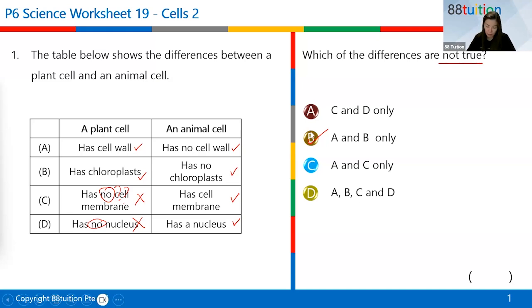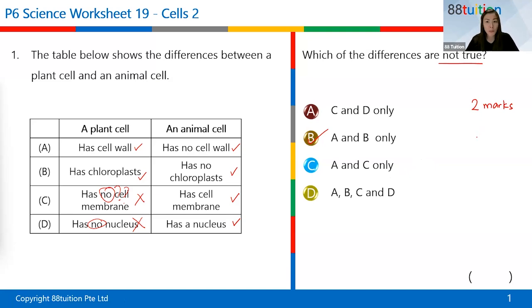So only one person got it wrong. I hope that person already understands. I believe it was a very careless thing, a careless choice of answer because you didn't read properly. But every MCQ carries 2 marks. The 2 marks are too important to be lost.